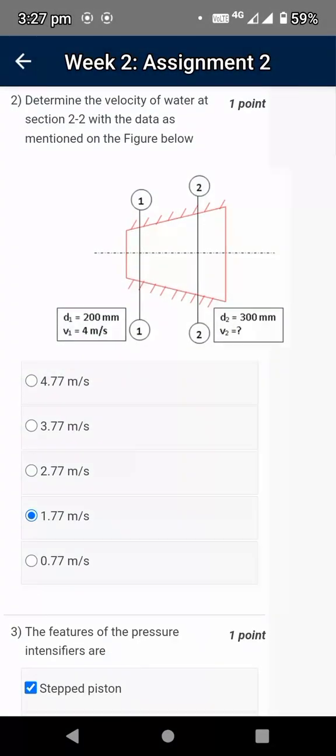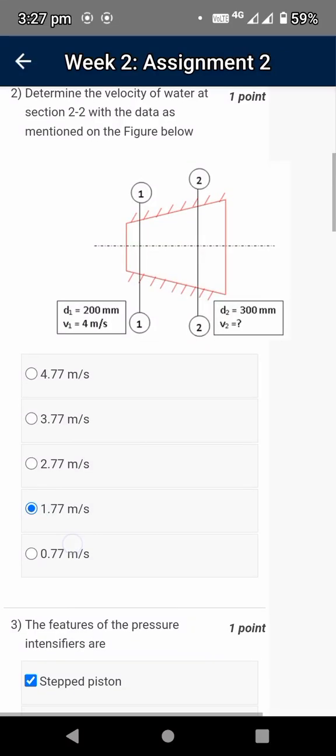The next question belongs to the continuity equation. You already studied this problem in fluid mechanics in your previous semester. The formula you already remember: a1 v1 is equal to a2 v2. From the given problem we can easily calculate a1 and a2. We already know the value of d1.